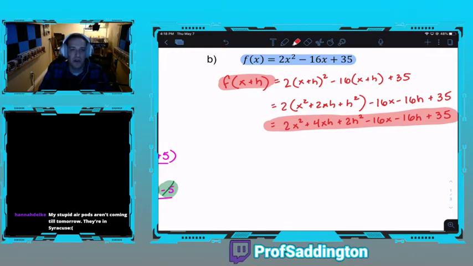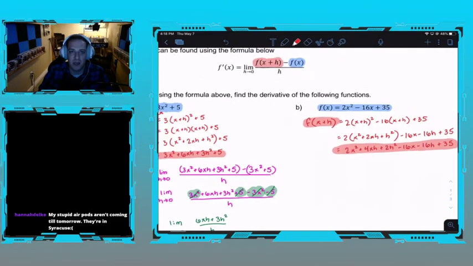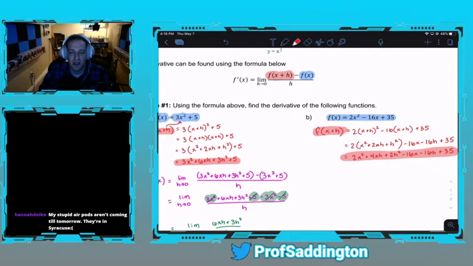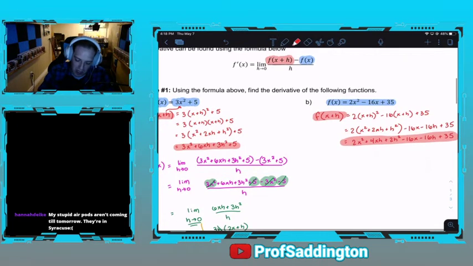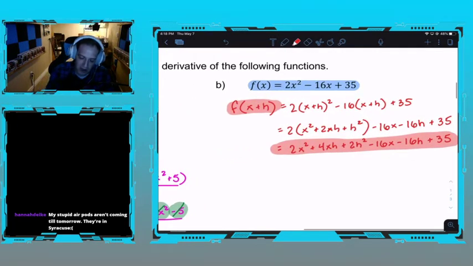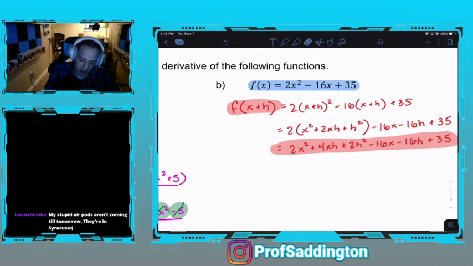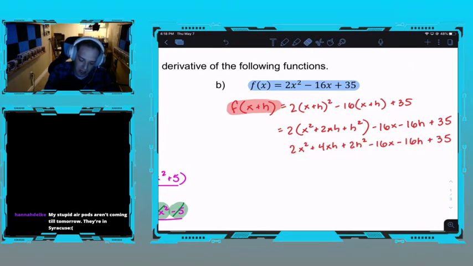But what we're hoping for is if we take that red and that blue that I have highlighted and plug it into the equation, a bunch of stuff is going to cancel out. So because we have the scissor tool on our iPads, I'm going to make life a little bit easier so we don't have to write all this down. I'm going to copy this whole thing. And now I'm going to solve the formula.